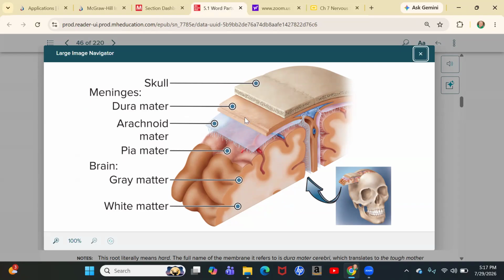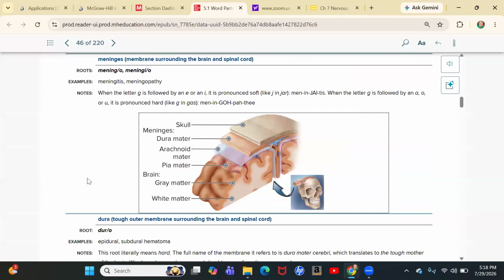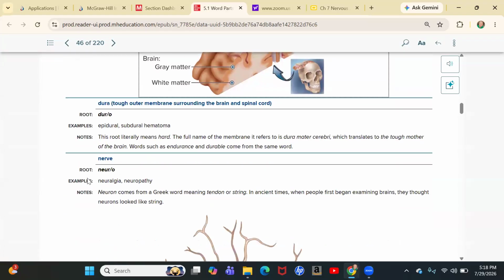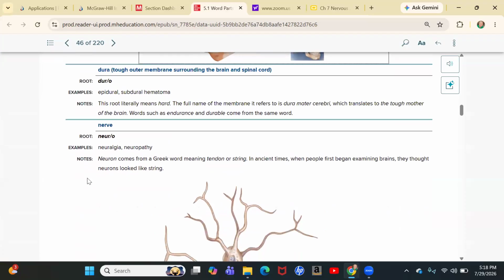You've got your skull, your dura mater, which is your first meningeal layer, the arachnoid mater, your second meningeal layer, and the pia mater, your third and softest layer that actually touches the brain. Then you have your gray and white matter within the brain. Not that we need to fully understand this because it's more of an anatomy class than a medical terminology class, but the gray and white matter differentiate based on the types of neurons within it.